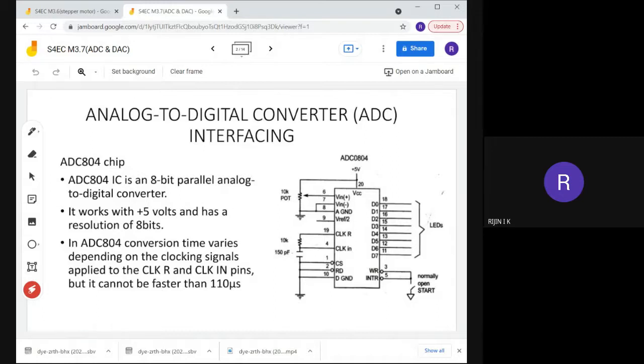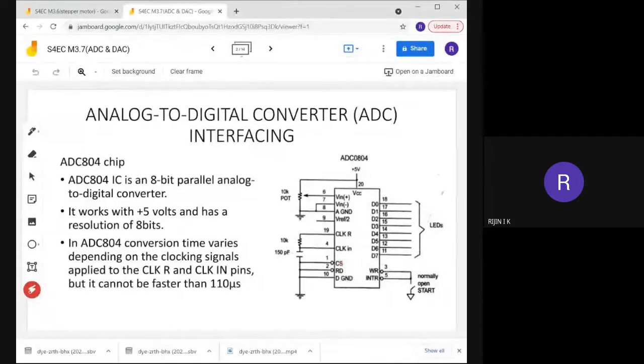Active low pin means what? We need to connect it to the microcontroller and give a logic 0, or connect it to the ground, to perform this chip selection operation. Because it is an active low pin, we need to provide a low signal, that means a 0 value, to that pin, then only it will activate.